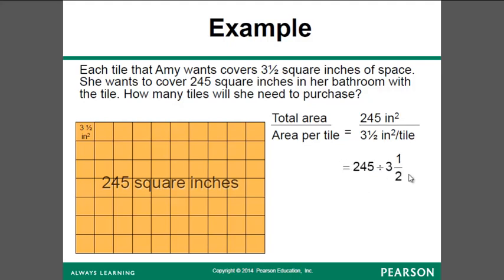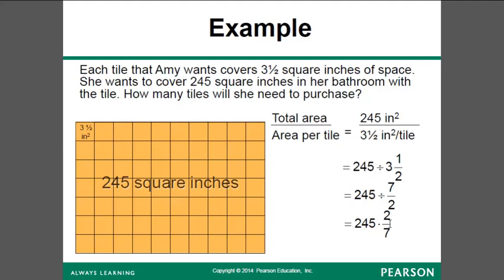I set this up just like a complex fraction. We change it into an actual division. So I've got 245 divided by 3.5. Remember, when we're dividing fractions, we must change a mixed number into an improper fraction first by taking 3 times 2 plus 1, which will give me 7. So I now have 245 divided by 7 halves. Remember that while I'm dividing fractions, I flip my second one and change it to multiplication.